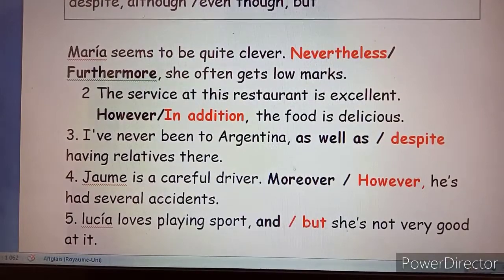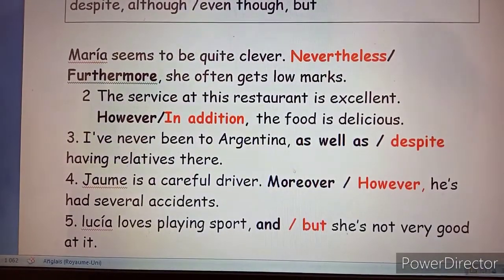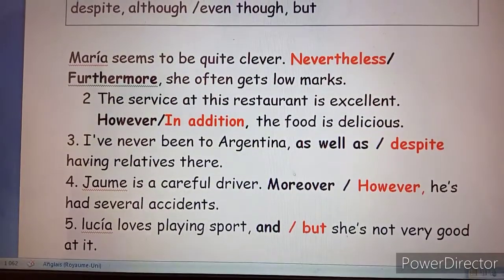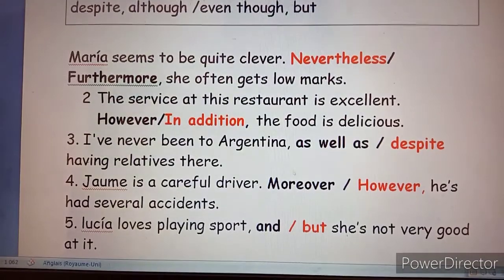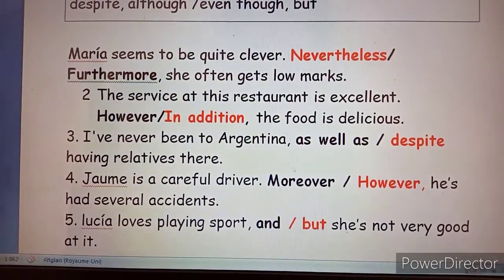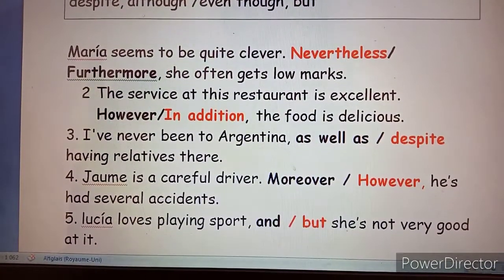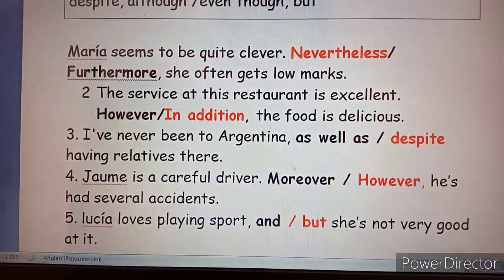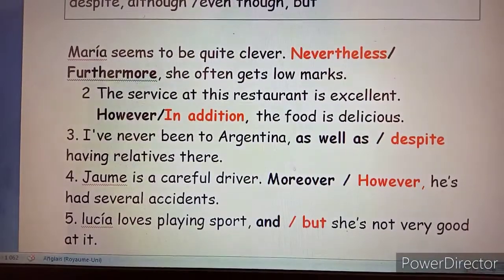So are we going to choose nevertheless or furthermore? So here we will choose nevertheless, because nevertheless is a connector of contrast and furthermore is a connector of addition. Clear?